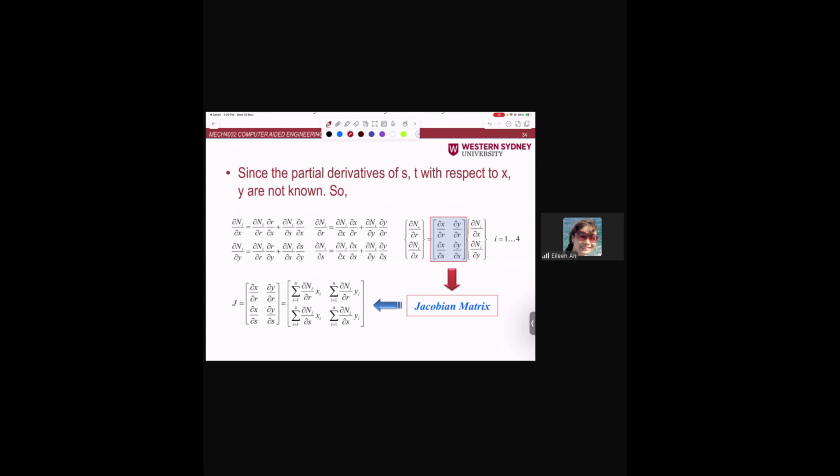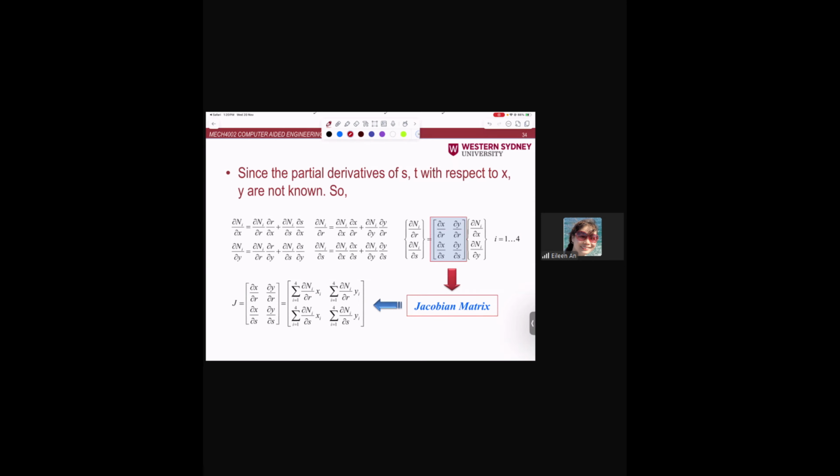When we do the calculation, we actually do all the calculation in the coordinate system X and Y, right?